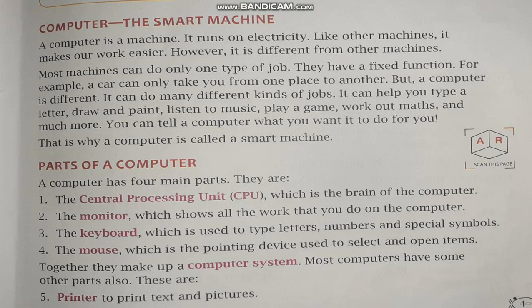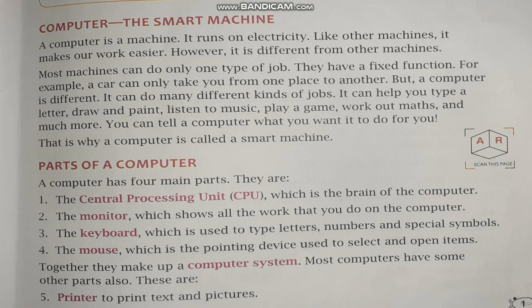You can tell a computer what you want it to do for you. That's why a computer is called a smart machine. Why is a computer called a smart machine? Because it can do many kinds of work, like type a letter, draw and paint, listen to music, play games, work out maths and much more.